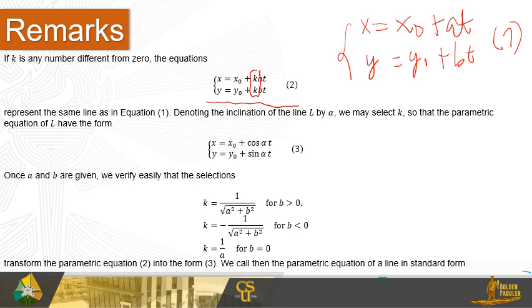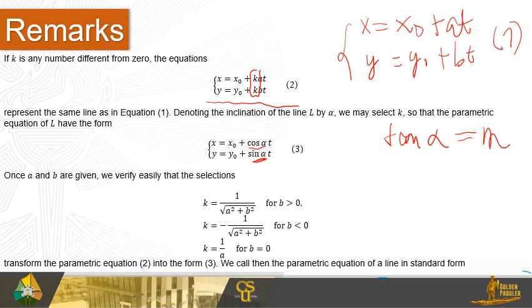Denoting the inclination of a line L by alpha, we may select k so that the parametric equations of L have the form x equals x sub 0 plus cosine of alpha t and y equals y sub 0 plus sine of alpha t. So alpha is the inclination, not the slope, but tangent of alpha is the slope. We know that the tangent of the angle of inclination of the line is actually the slope.